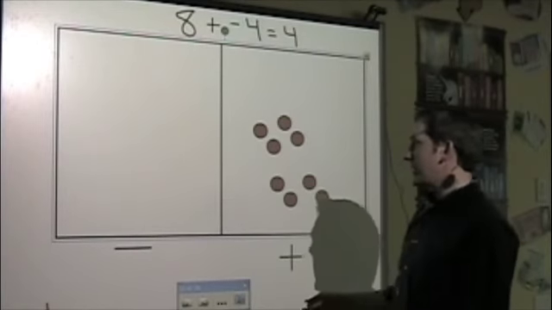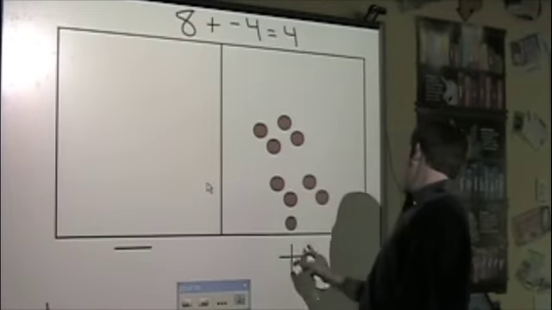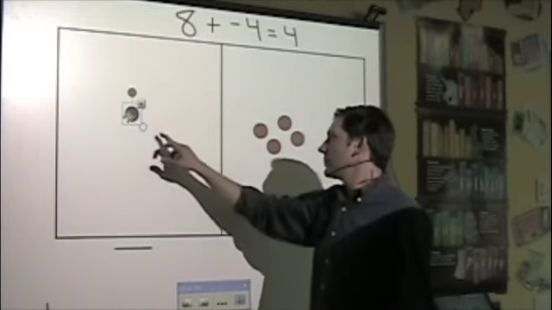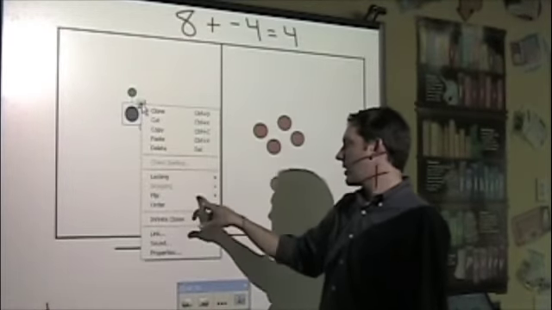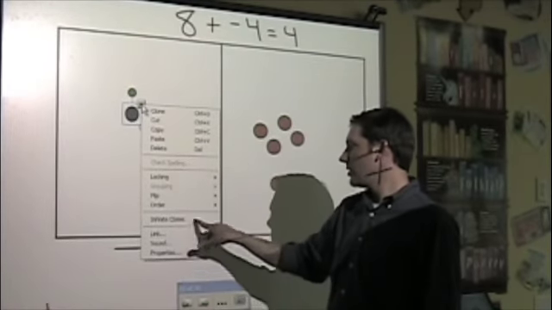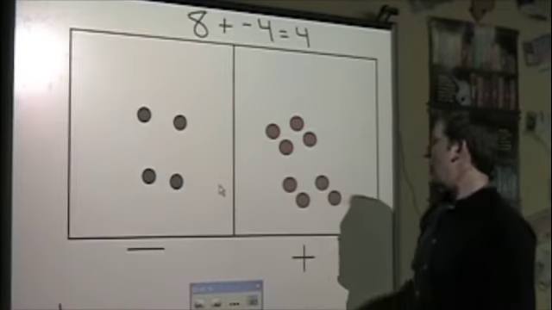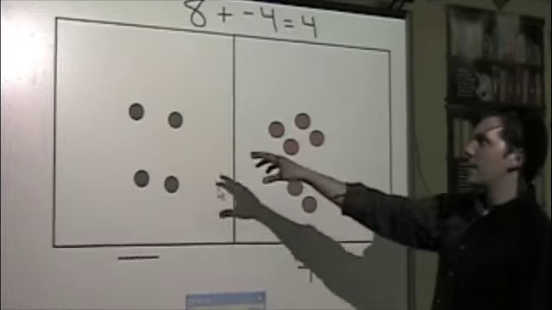And now I'm going to bring my 4 negatives over here. Excuse me, it didn't come all the way. Let's just infinitely clone that from here to save some time. There we go.